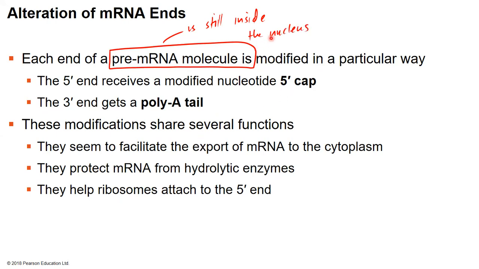In order to go from the nucleus into the cytoplasm, first it must be modified by receiving a 5' cap and a 3' poly A tail. The addition of these two modifications is important because they allow the movement of the mRNA from the nucleus to the cytoplasm.